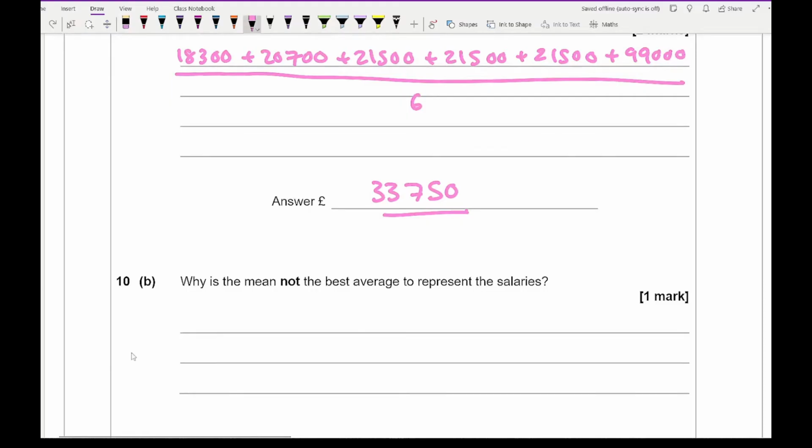So something along the lines of, you could say that because the range is large, but then how do you know that the range is large? I would say that either you state that the values are spread out, in terms of that they're not similar, or you could say that an outlier is present.